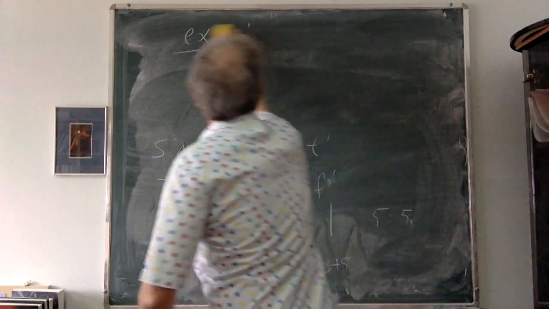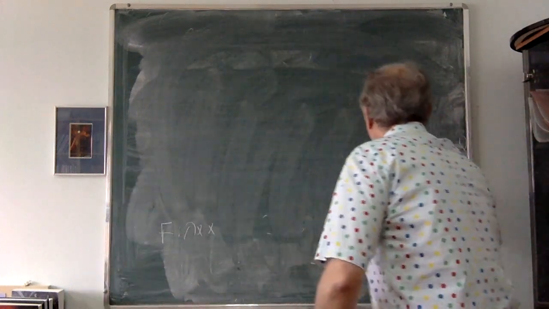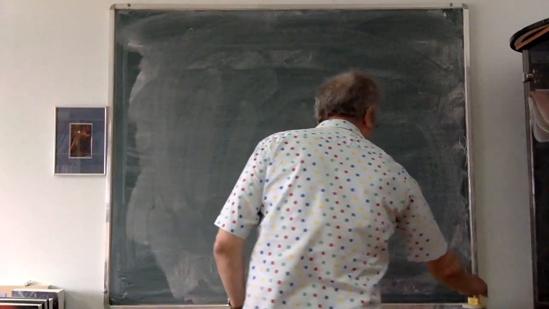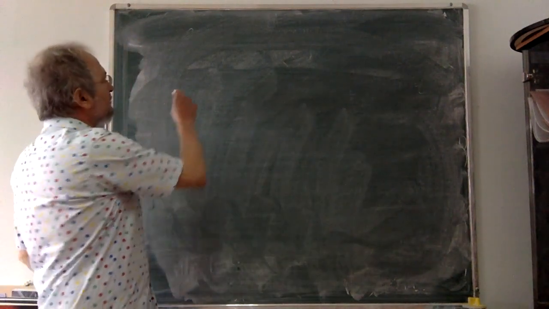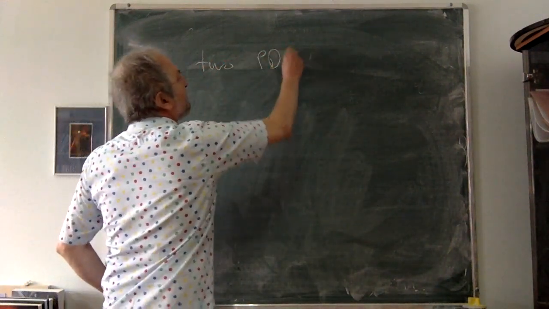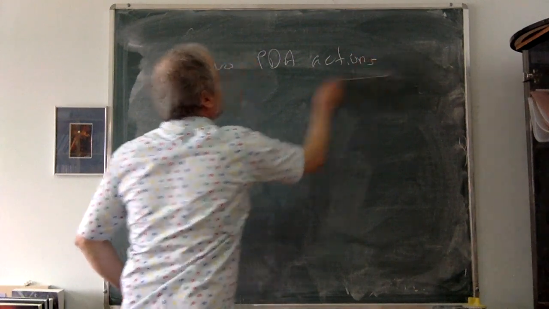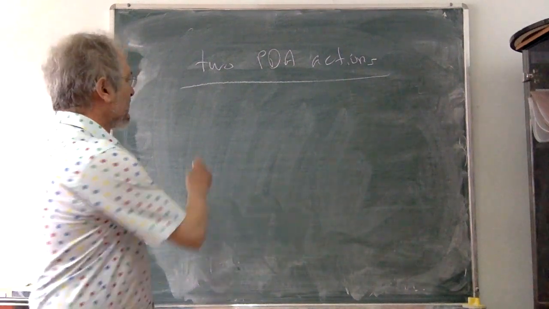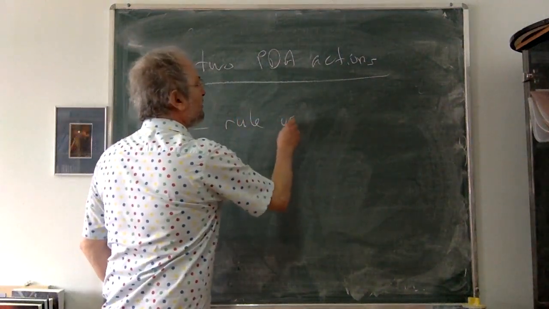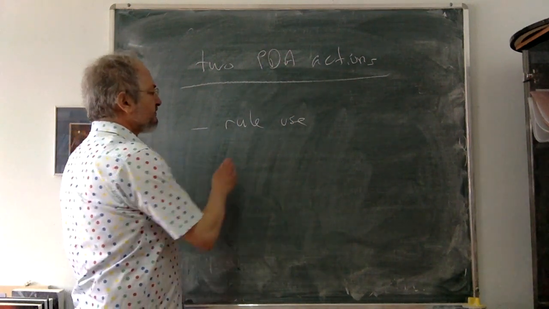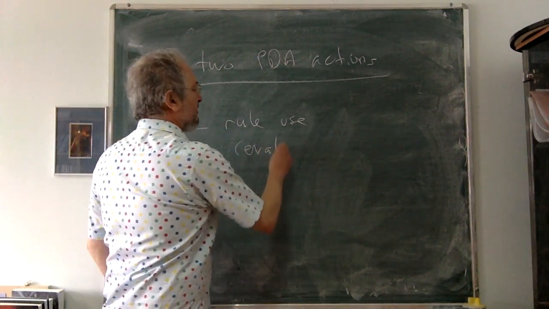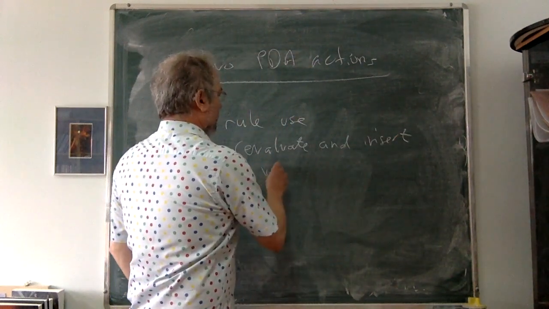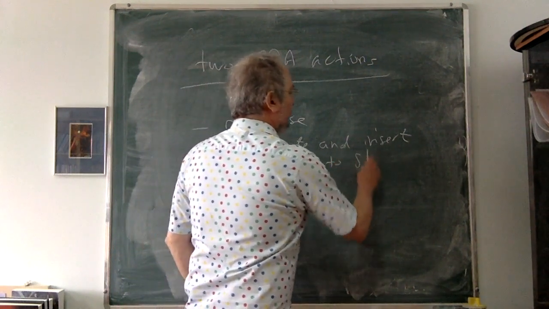If you recall, there are two kinds of actions that the algorithm for generating the PDA does. One is rule use, which means evaluate and insert value into stack.